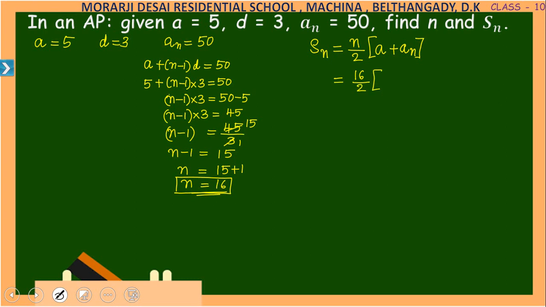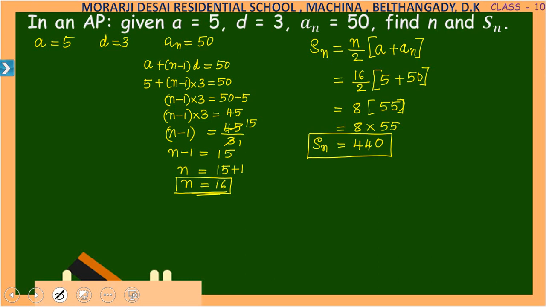What is a? a is 5 plus, what is an? That is 50. So 16 by 2 is 8 into 5 plus 50 is 55. Now 8 into 55 is equal to 440. Therefore Sn is equal to 440.